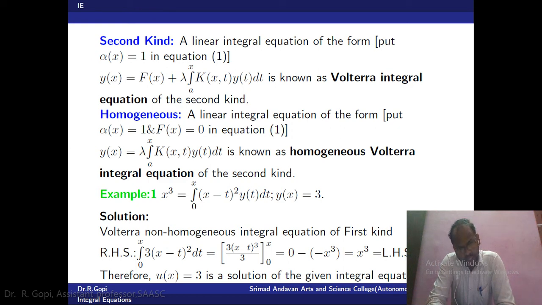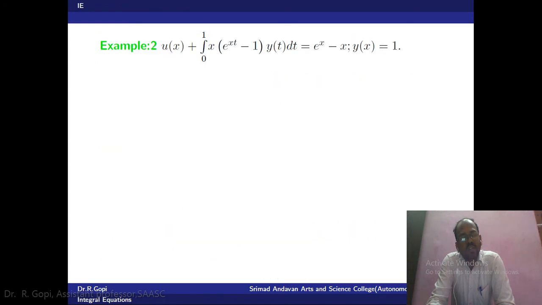So 3 into (x minus t) the whole squared. We integrate: 3 into (x minus t) the whole cube divided by 3, with limits from 0 to x. Substituting the upper limit, the value will be 0. Putting the lower limit, a minus sign comes, minus of t equal to 0, so x cube, the left hand side. So y of x equal to 3 is a solution of the integral equation.